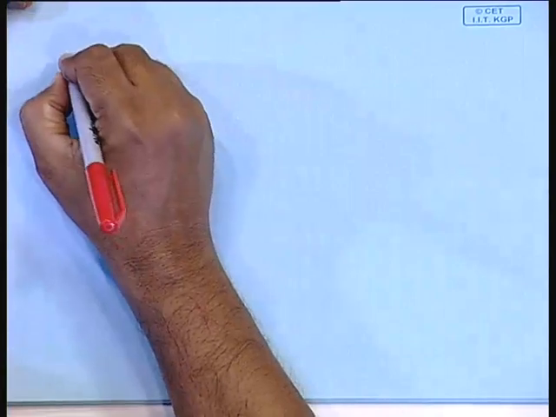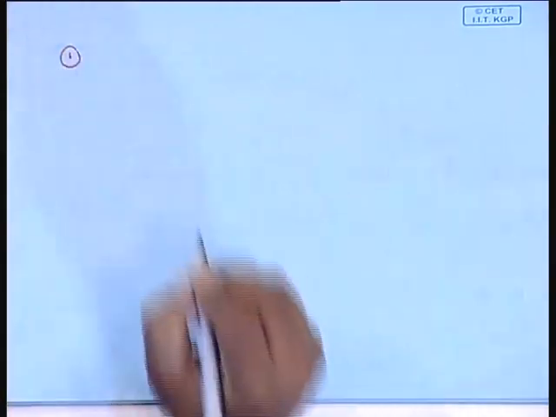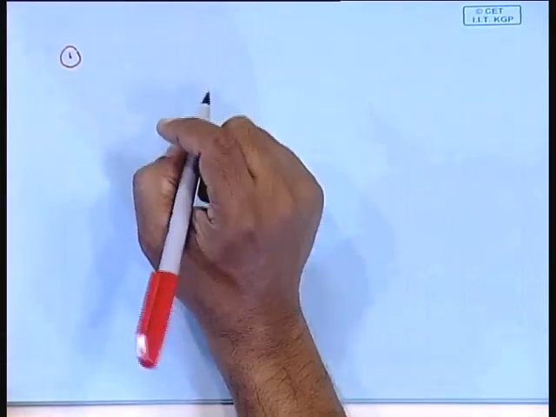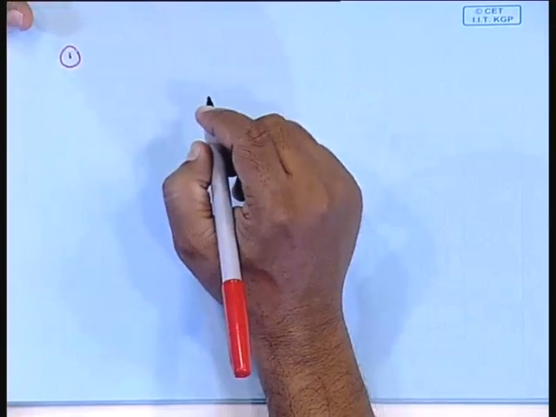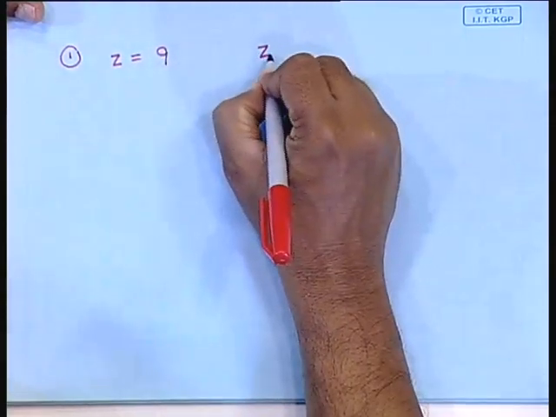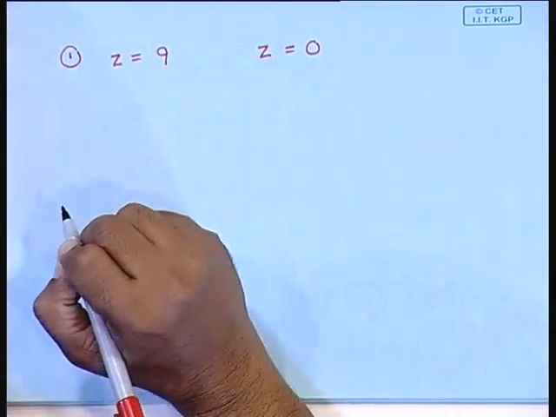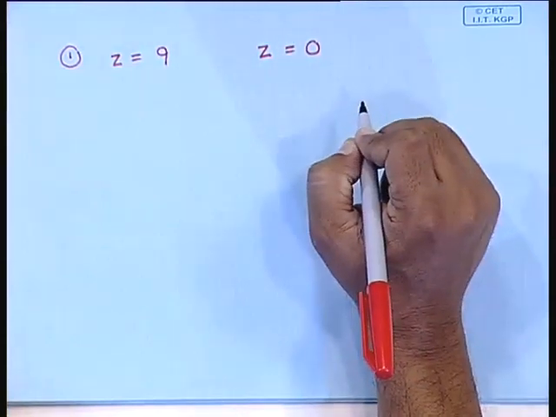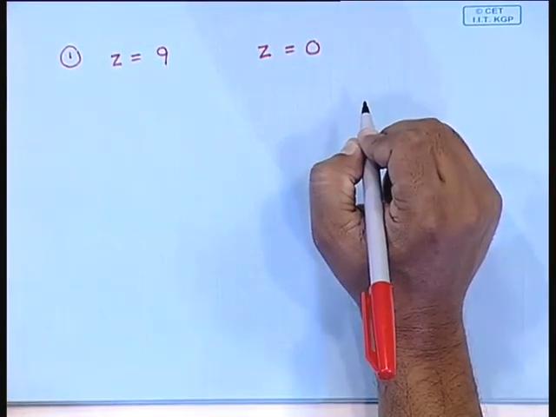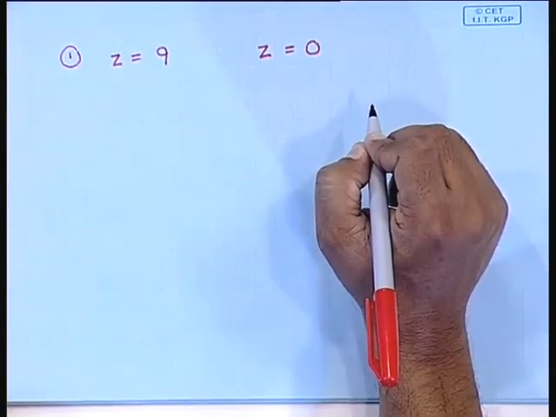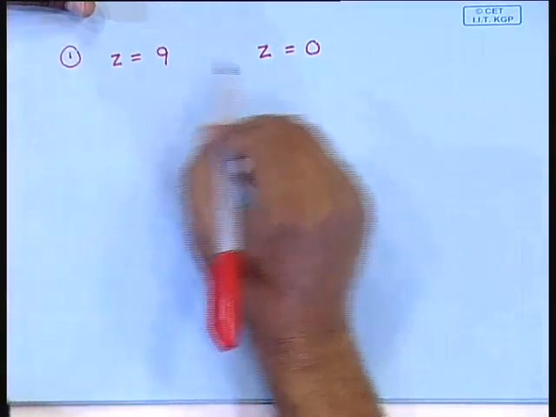First, let us estimate by what factor the density contrast increases between z equal to 10 or z equal to 9 and z equal to 0, in an omega matter equal to 1 cosmological model. Okay. So, by what factor does it increase?